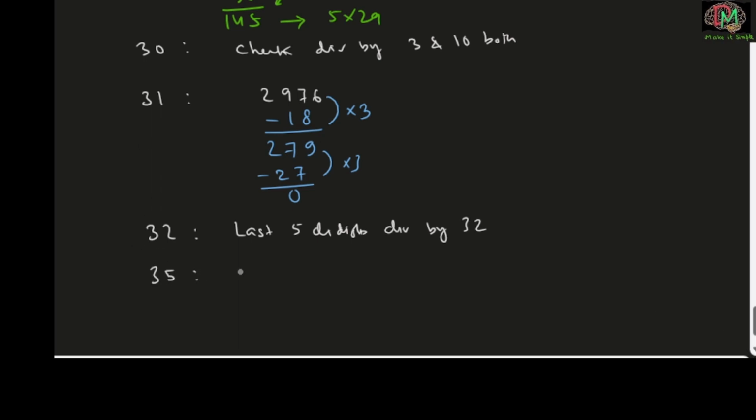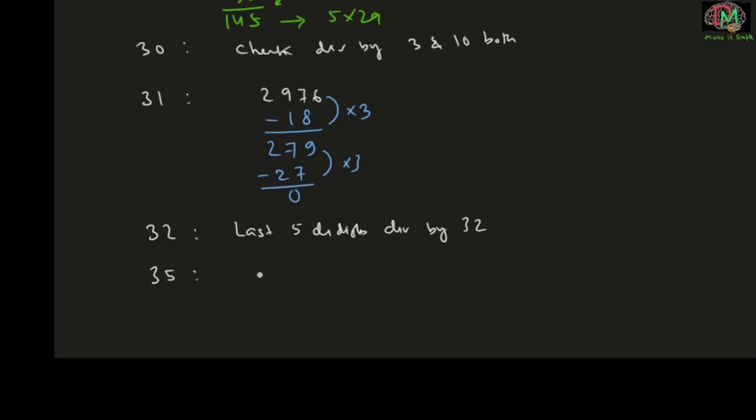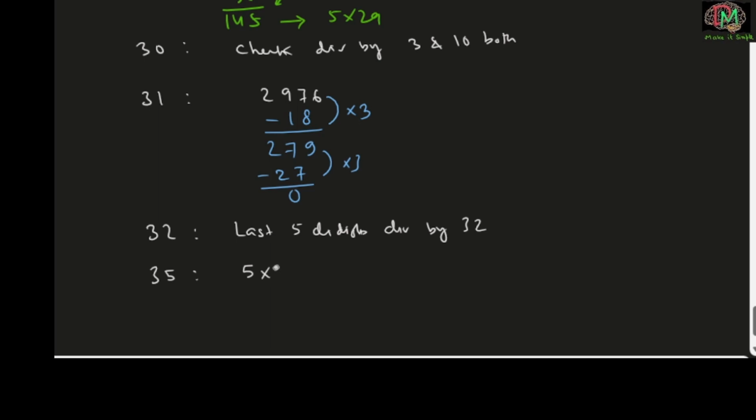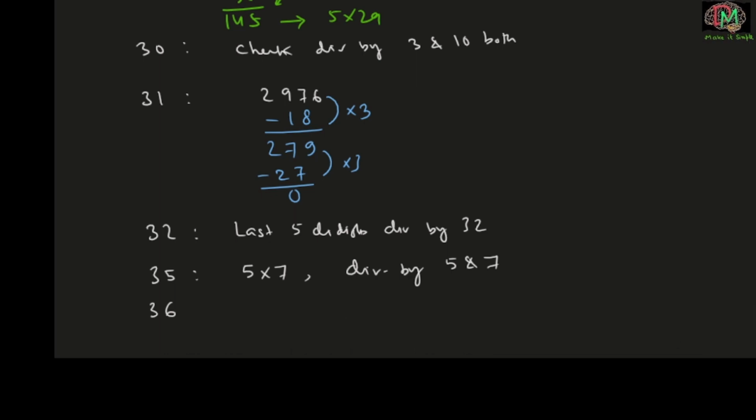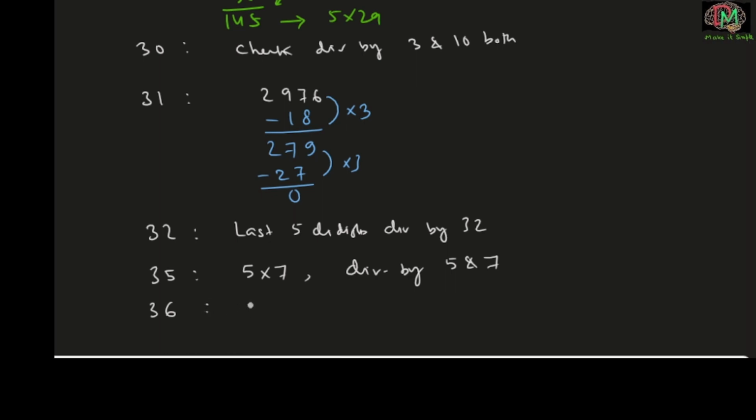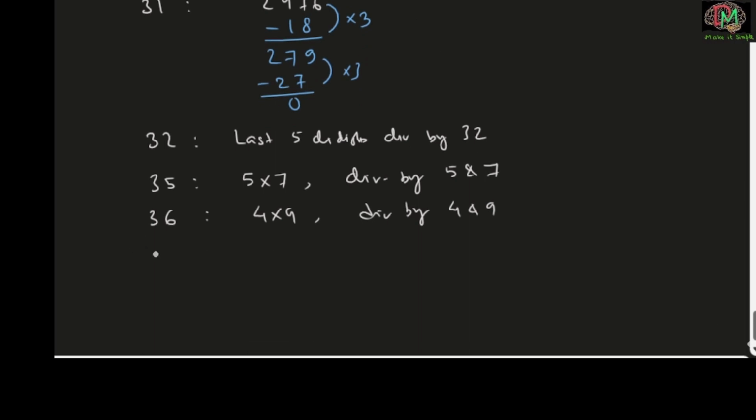We have to check divisibility by both 5 and 7, because it is 5 into 7. Next is 36. For that we have to check whether the number is divisible by 4 and 9.